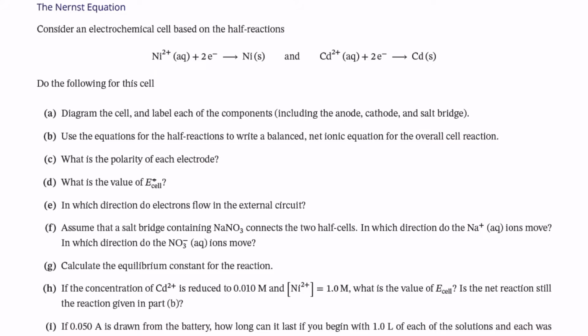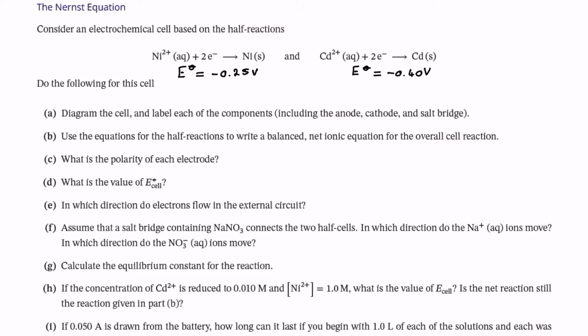So the best way to do this is if we look at the standard reduction potentials for each of these reactions, we see that nickel has a value of minus 0.25 volt, and the cadmium reduction has a standard potential of minus 0.40 volts. So in terms of where they are relative to each other, it means that nickel is located above the cadmium reduction reaction, right?